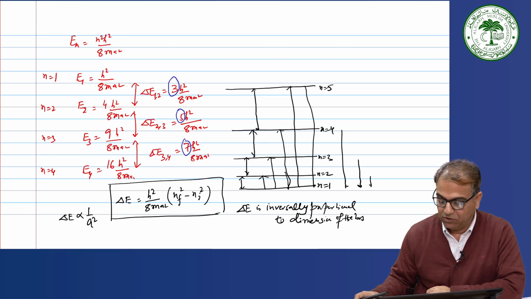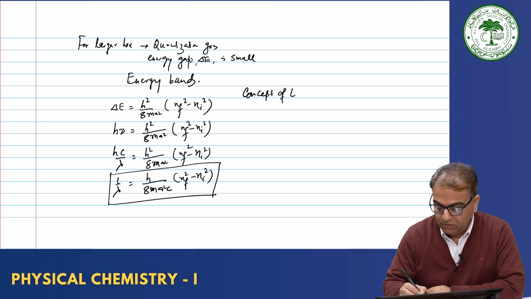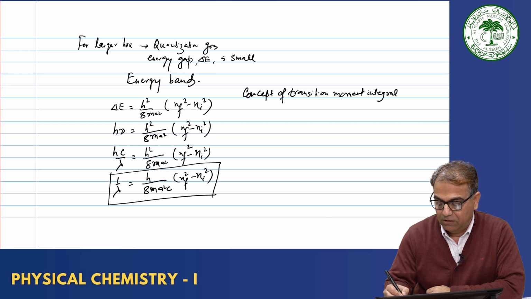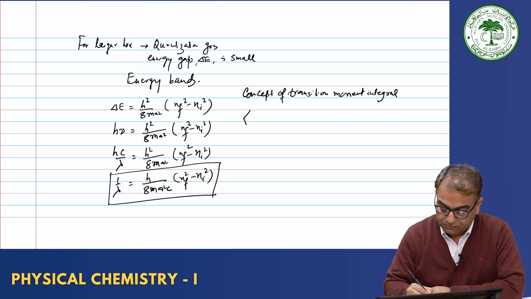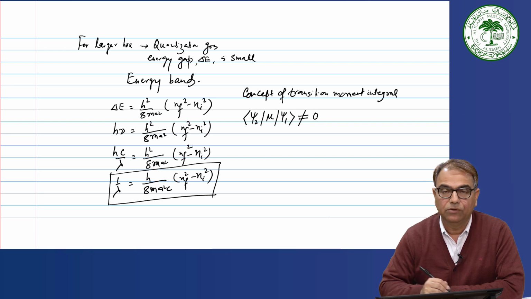This selection rule is based on the transition moment integral. So, the concept of transition moment integral, which we say is equal to, in between any two, say, psi 1 and psi 2, this should not be equal to 0.